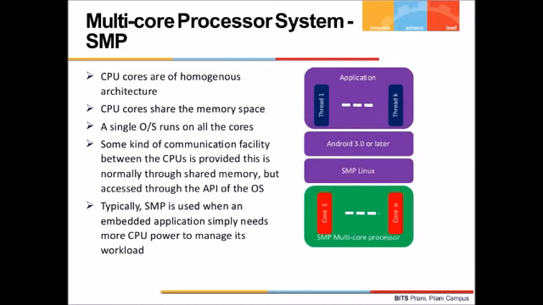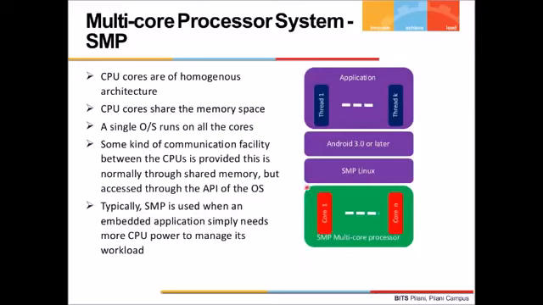In case of SMP, the cores are homogeneous in nature. It is basically splitting a high frequency or high performance CPU into multiple lesser performance cores of the same architecture. These CPU cores share the same memory space, so we can very well have one operating system running on the multi-core.